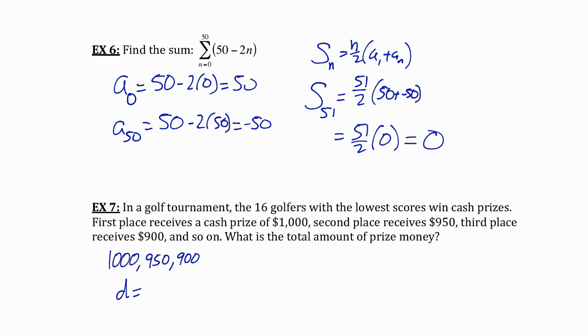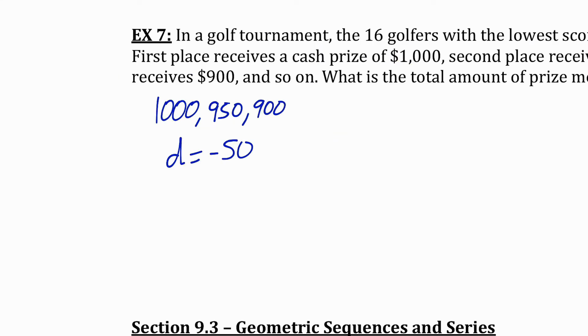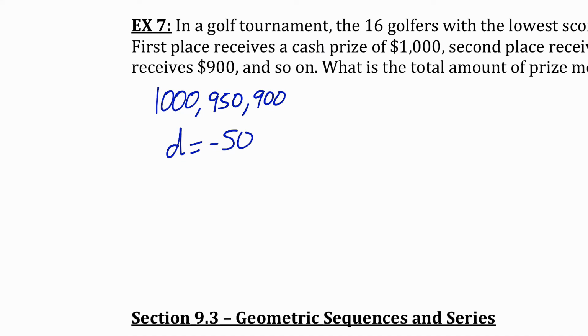We got d equals, well, it's going down by 50 every time. Now, if we're using the formula for the sum of the first 16 terms, we're going to say n equals 16. We're adding up 16 players' total cash. Our first term, we already know, is 1,000. Now, our 16th term, the last term, we don't know yet, but we do have the formula.